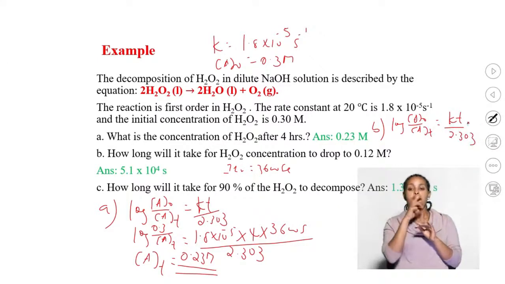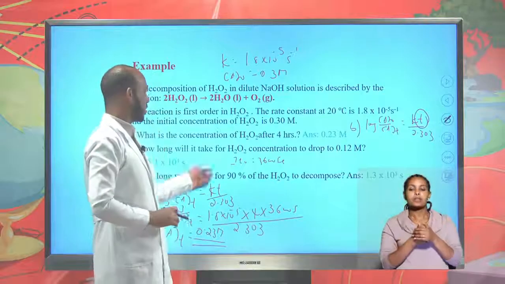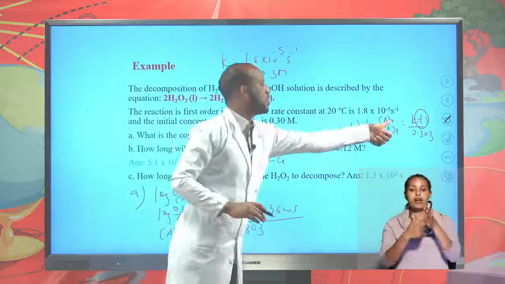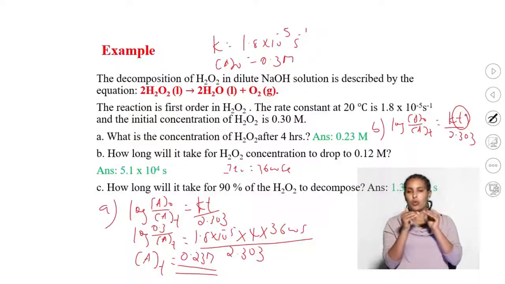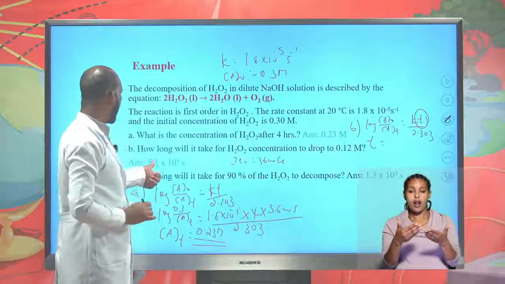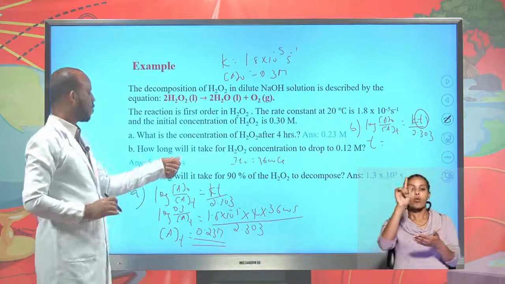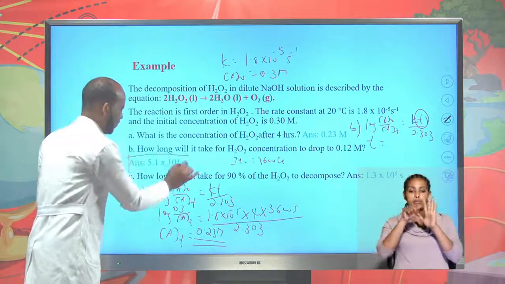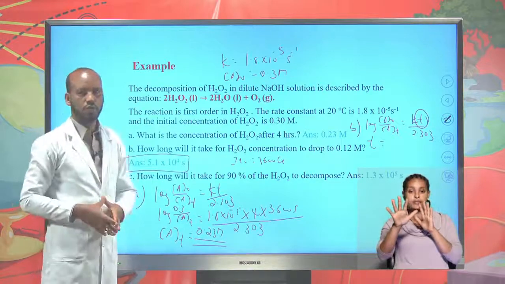Substituting the given values into this equation, we get t equals 5.1 times 10 to the power of 4 seconds. This is your answer.